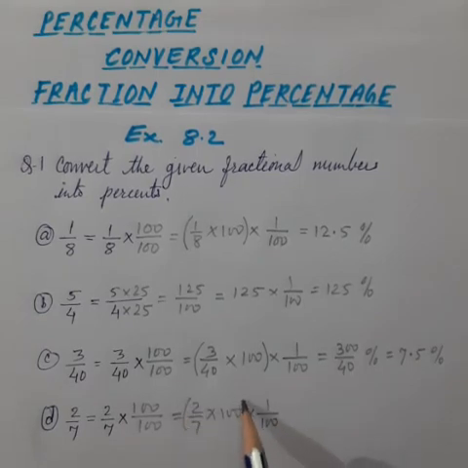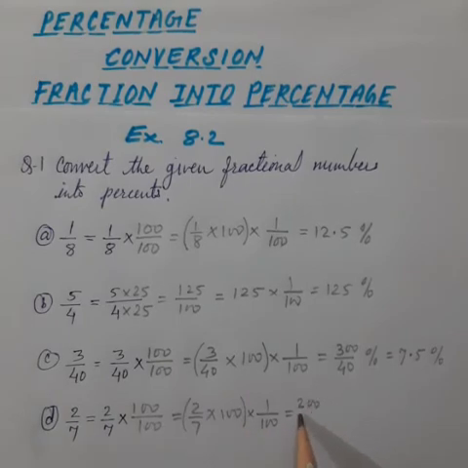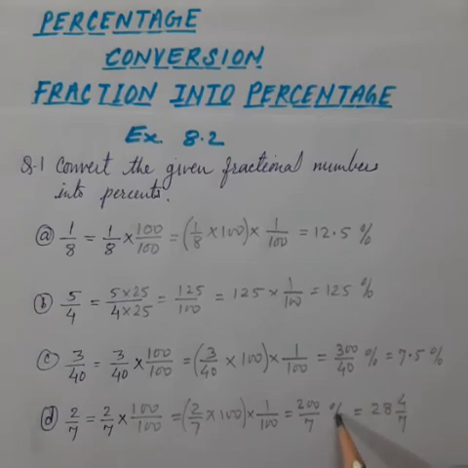Now find out the value of this. 2 into 100 is 200 by 7. For this 1 by 100, percent sign. This fraction is an improper fraction. We can convert it into a mixed fraction also. So the mixed fraction we get is 28 and 4 by 7 and this percent sign.